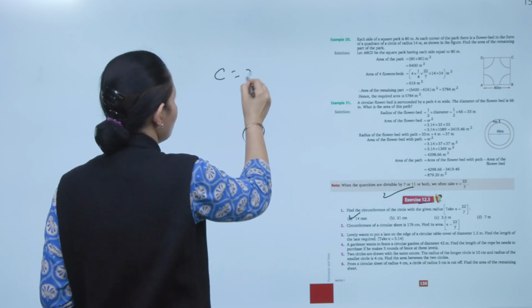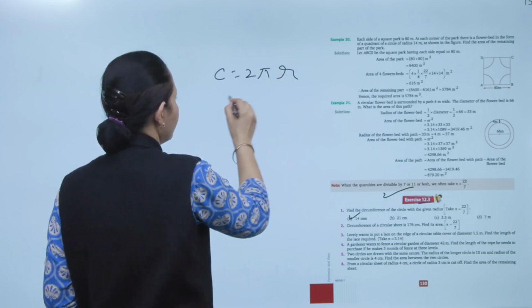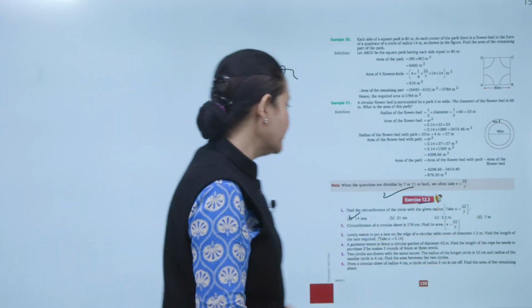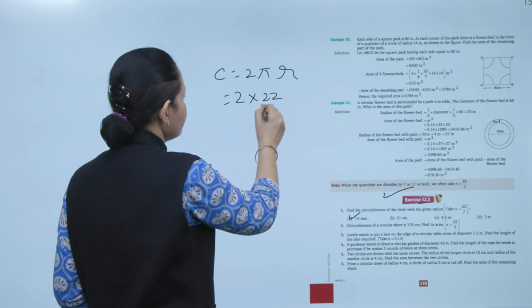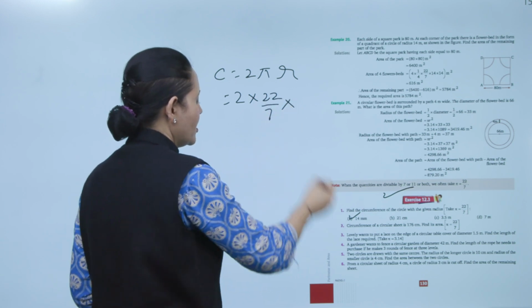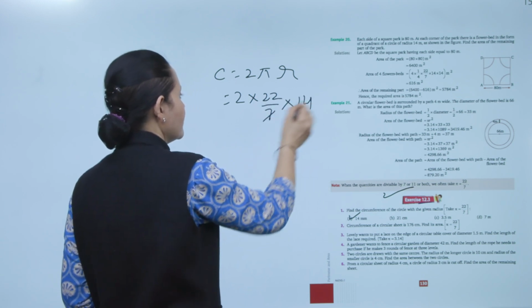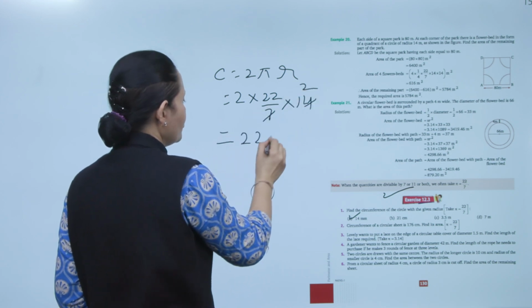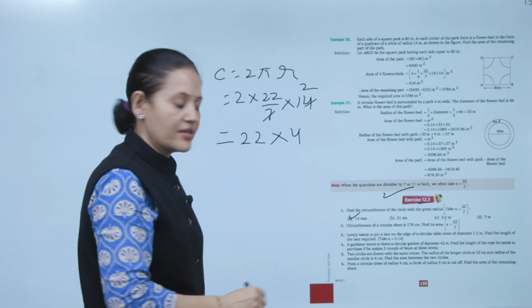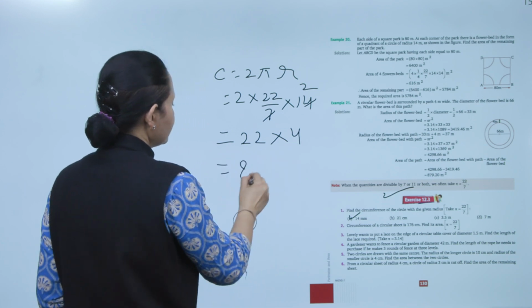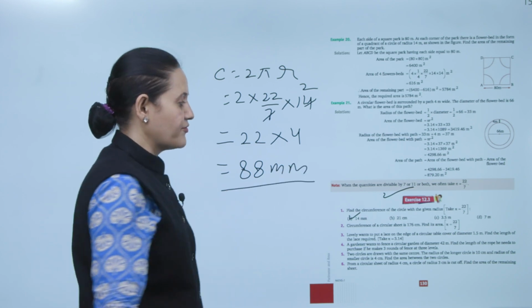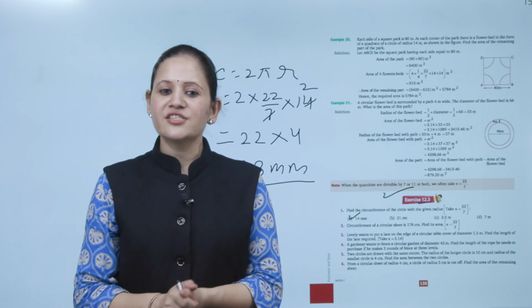C equals to 2 pi r. 2 pi we have to take as 22 upon 7 into r will take 14. So 22 into 4, that is 88 mm. That is the circumference. Clear? Practice all the questions of this exercise.